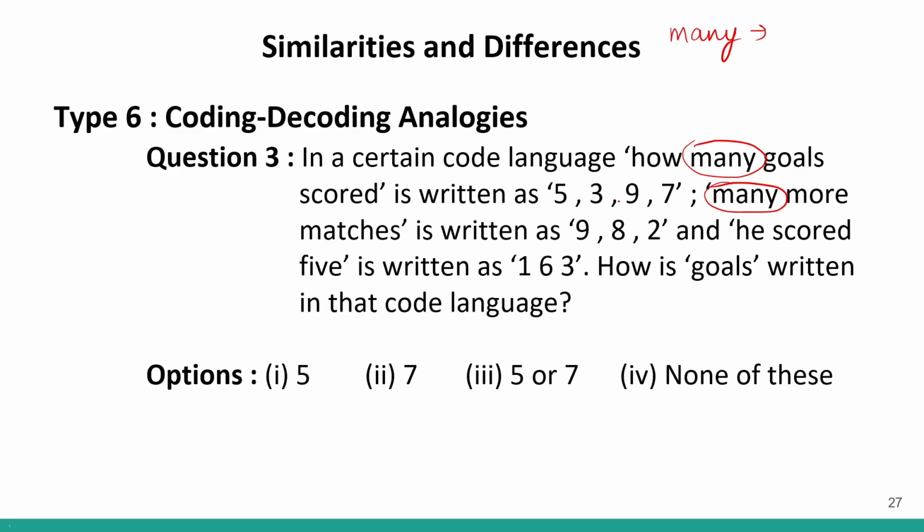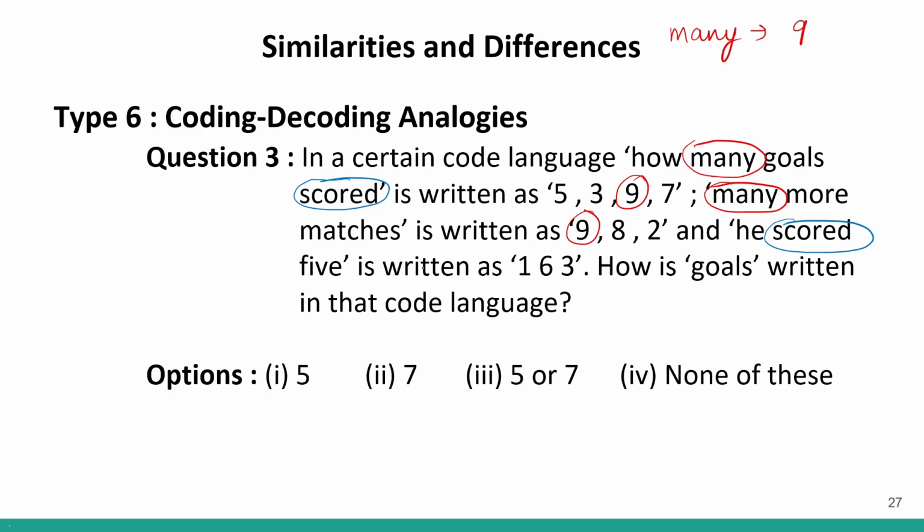Now, this is the code 5397 and this is the code 982. So here the only common number is 9. So many is coded as 9. Now, how many goals scored and he scored 5.